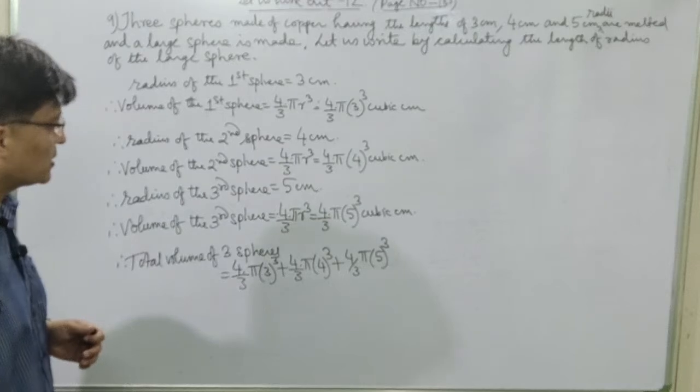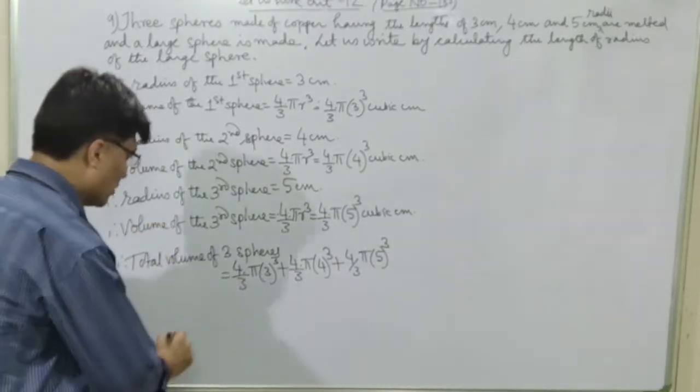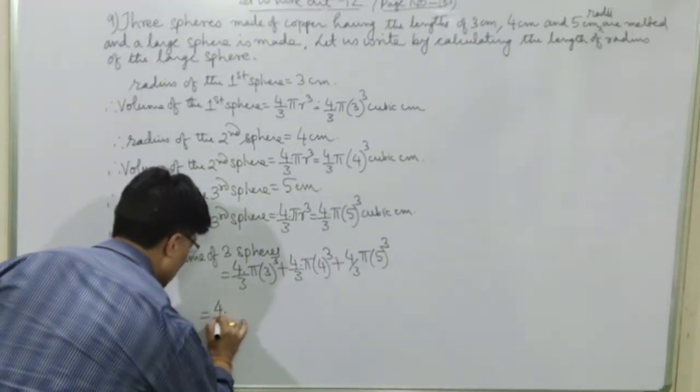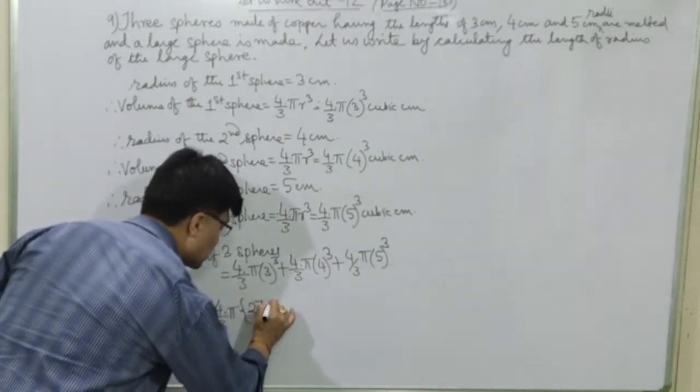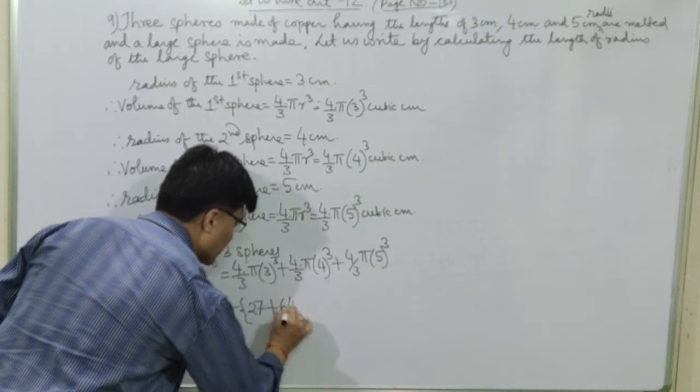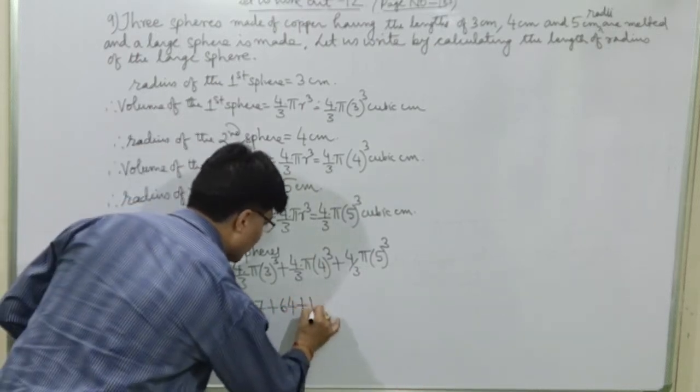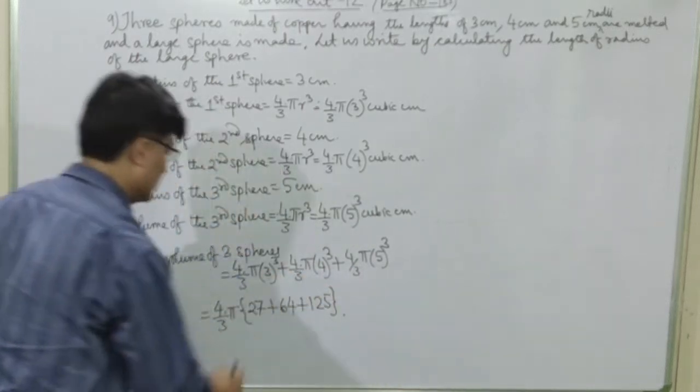So I think you have understood it. Okay. So let us take common out here. What is common? 4/3 pi. So within the second bracket, 3 cube is 27, 4 cube is 64. What is 5 whole cube? 125. You know that, isn't it?